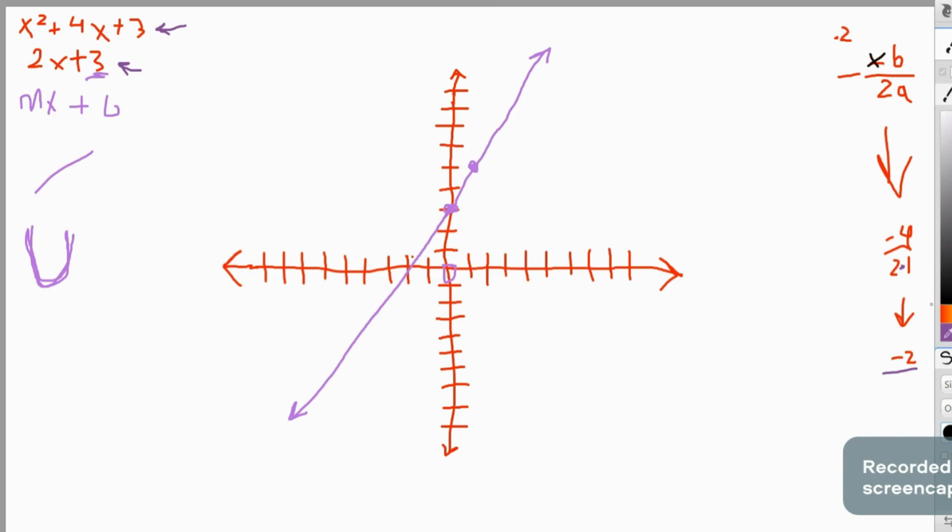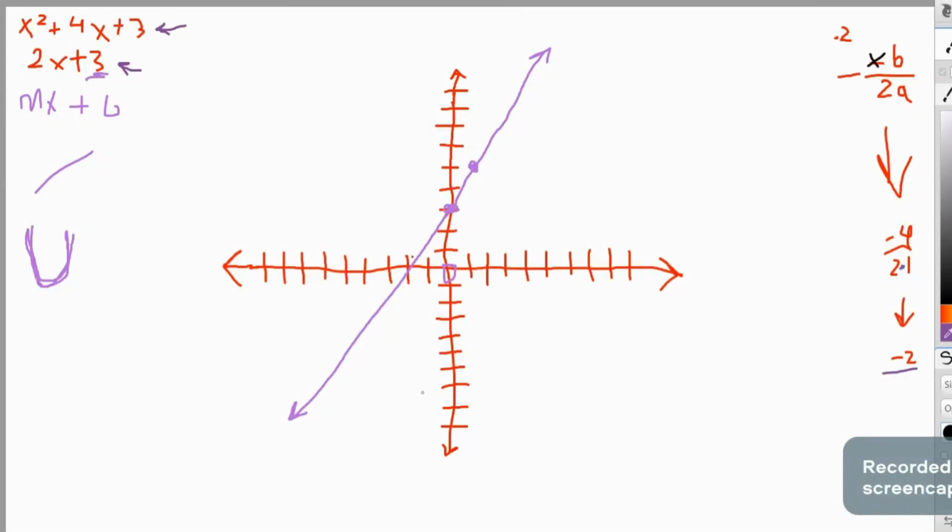Basically, we're going to be substituting the value into the equation to determine the x and y coordinates of the vertex. So we're going to substitute that into this. I could write it down, but you get the gist. It's just going to be negative 2 squared plus 4 times negative 2 plus 3.